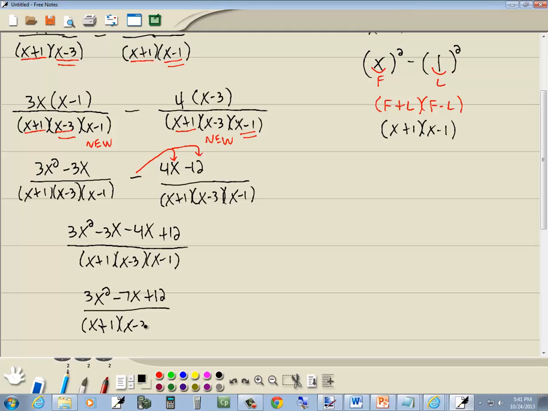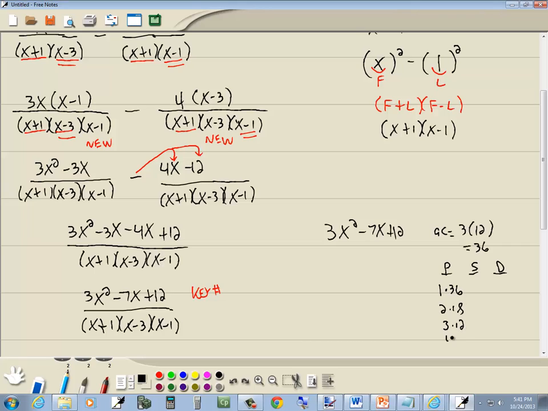I don't think that actually factors anymore, but I don't know for sure. If it does factor, it'll be the key number, because we have x squared, x, no x, and there's a number in front of our x squared. So let's try it. We have 3x squared minus 7x plus 12. For the key number, we take our number at the beginning times the number at the end. So 3 times 12 gives us 36. We'll come up with our three columns. We have 1 times 36, 2 times 18, 3 times 12, 4 times 9, 6 times 6.